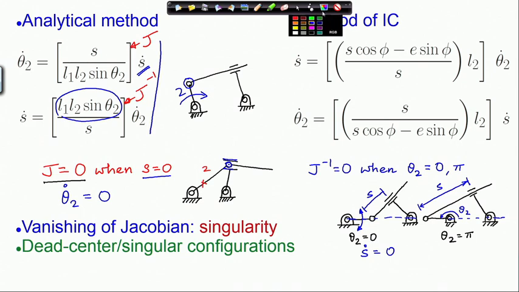For example, if I move the link 2 in the clockwise direction, then at this configuration S dot is 0, but as you keep moving, as the link 2 comes to such a position, S will contract. So, S dot will be negative. If you move in the other direction, there also S must contract. So, exactly at this configuration S dot is 0. S has to reverse its direction.